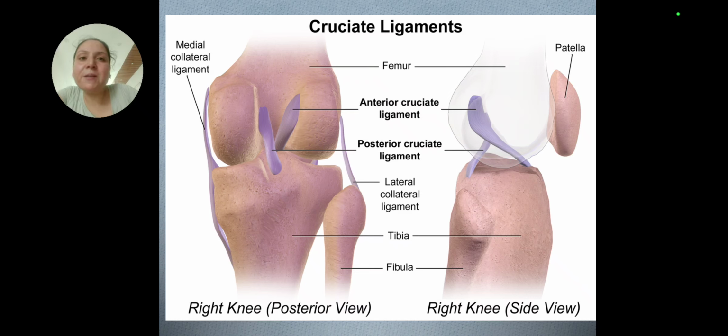The direction of the fibers, if I can tell you properly, is inferior, anterior and medial. So the anterior cruciate ligament fibers run inferiorly, anteriorly, and on the medial side. So it is arising something like this.